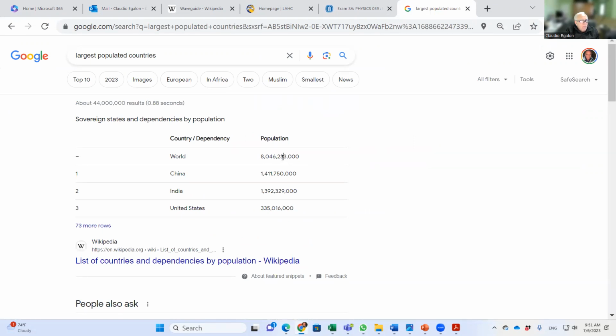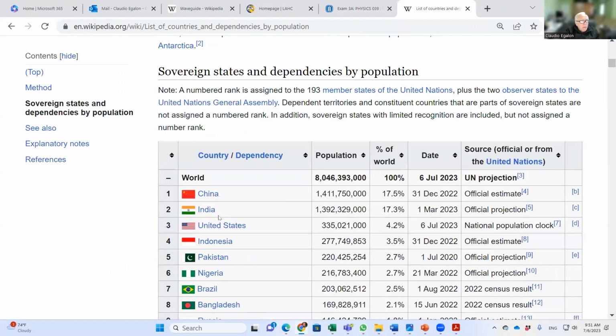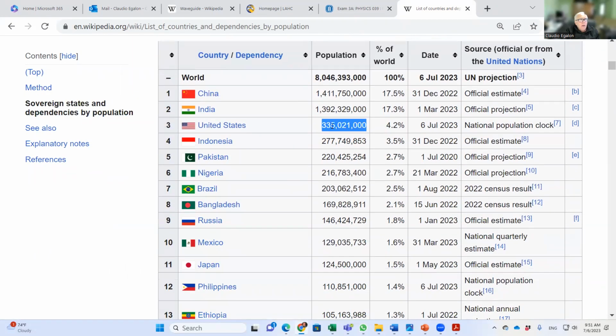Okay, that's the world population, 8 billion. China alone is almost 1.5 billion. India is getting there, it's going to overpass China. United States is 335 million. Indonesia, yeah, a highly populated country.